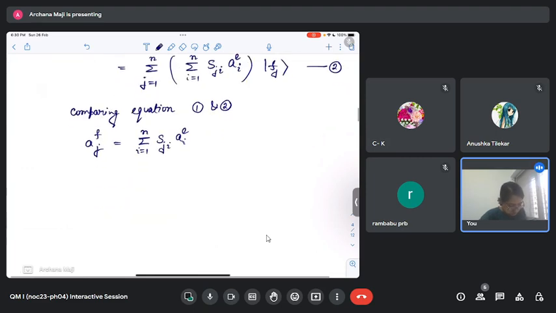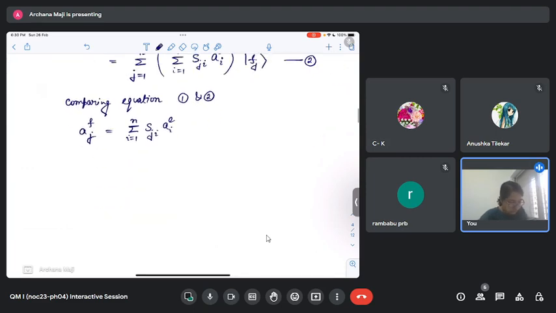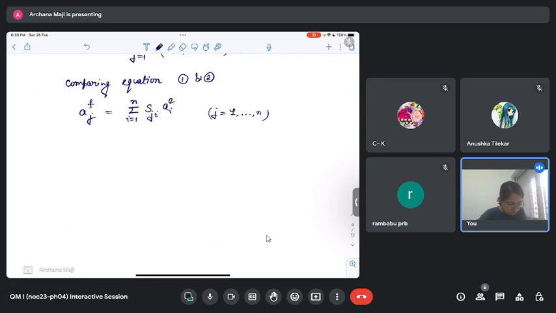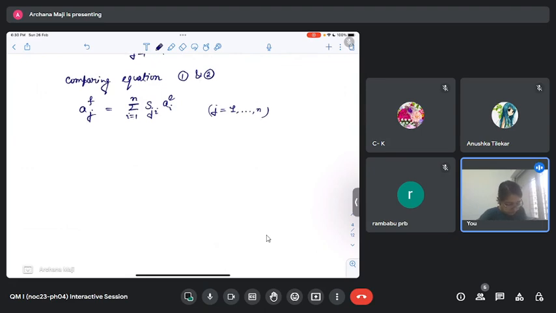Okay, and so this is component by component. So i runs over 1 up to small n, and j is also 1 up to small n. So what I mean is that this can be written in terms of a matrix, right? So A1F, A2F, ANF, this is like this matrix.